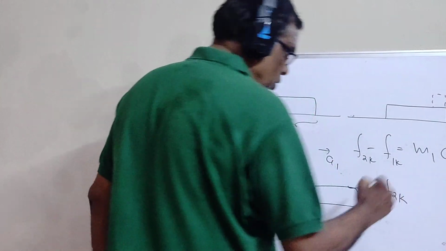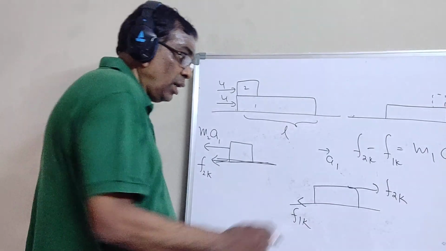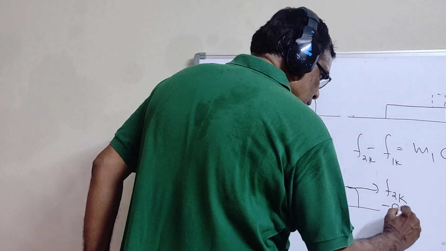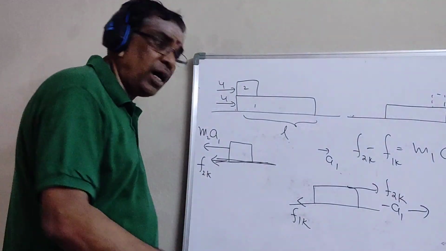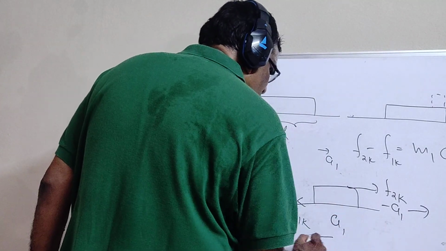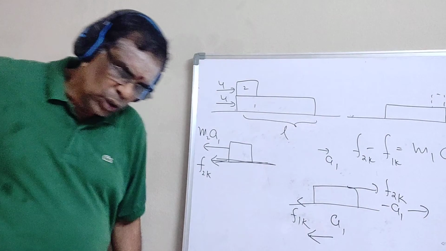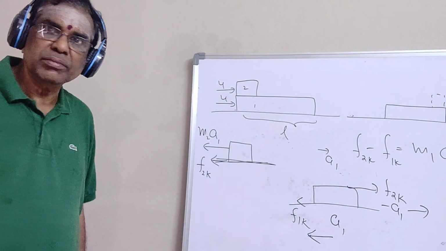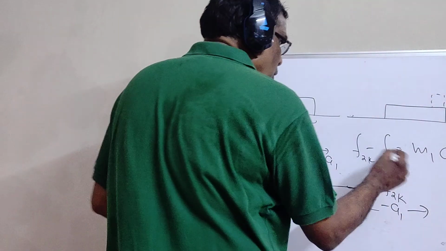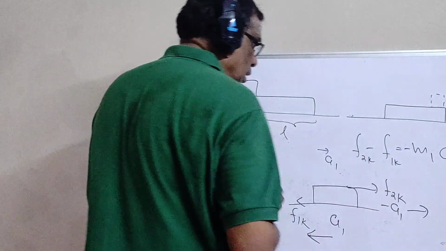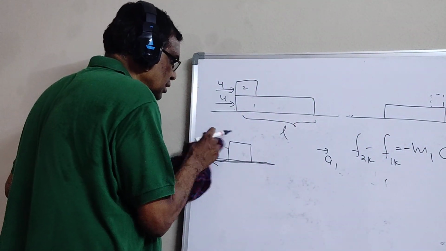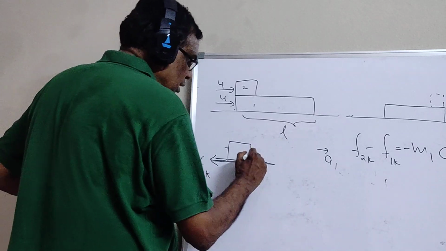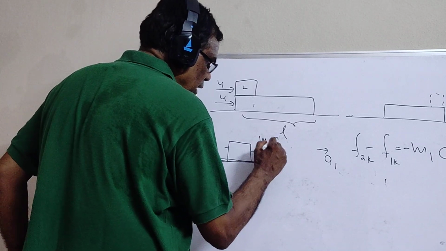This is F2K. But it is retarding. Therefore, minus A1 in that direction, or A1 in this direction, because you pushed it.